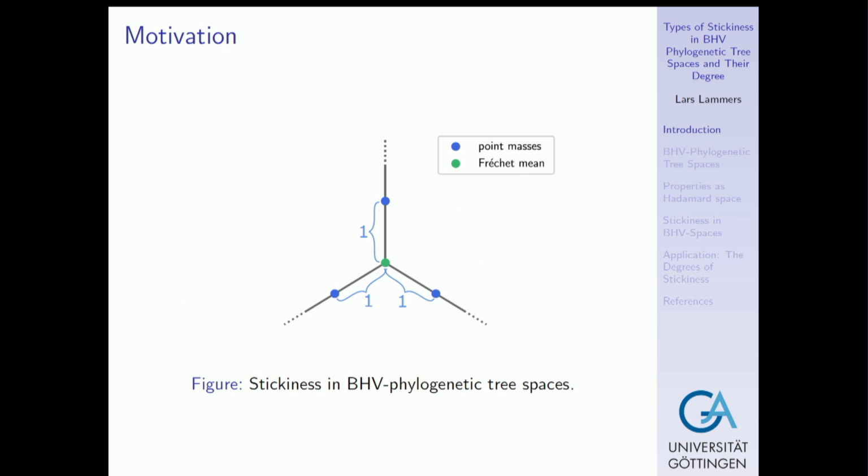So we go back to this tripod, or three-spider, the BHV space of phylogenetic trees with 3 leaves, and we now put a point mass, all with equal weight, on each of the legs of this spider, all of them with distance 1 to the origin of the space. As one would assume, the Frechet mean then lies just in the middle.